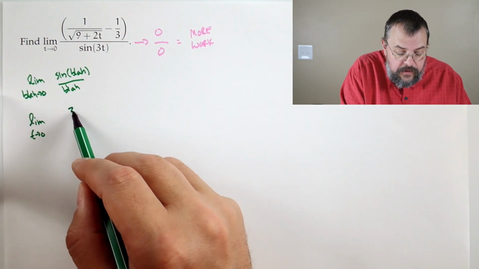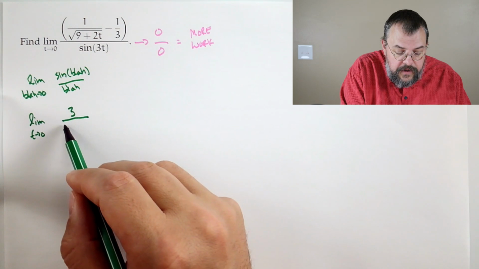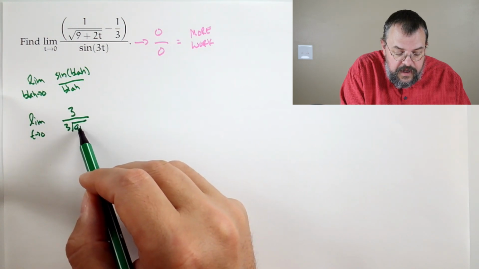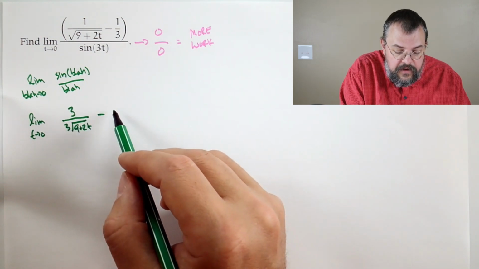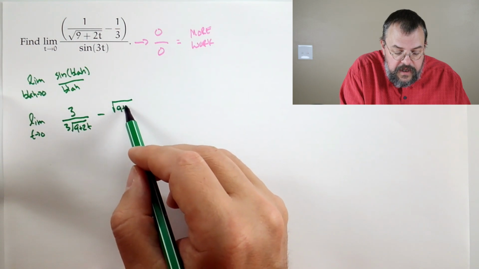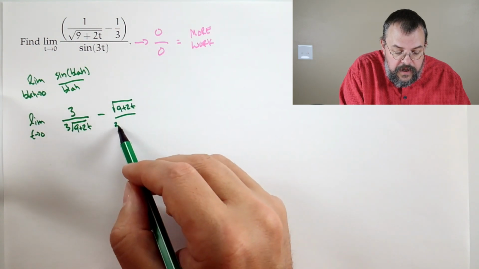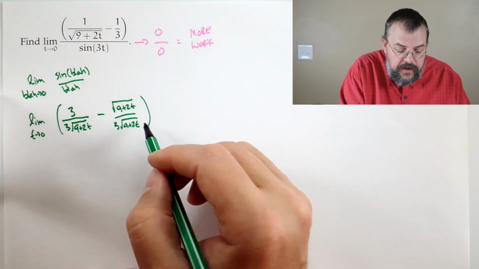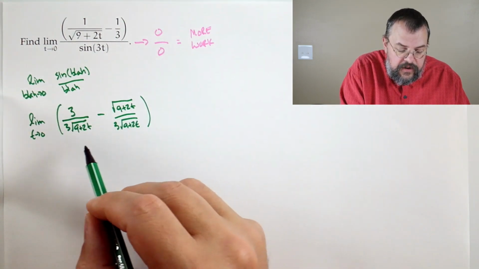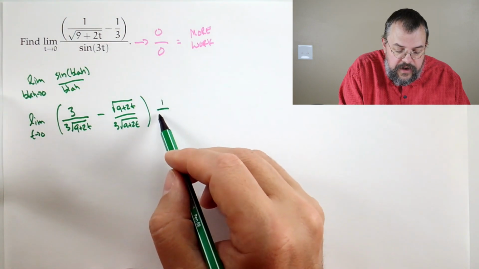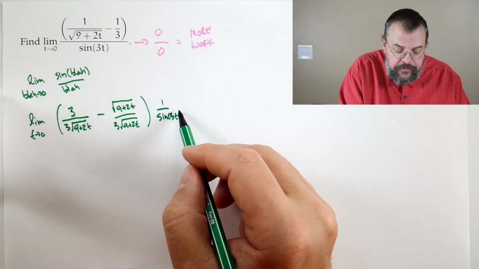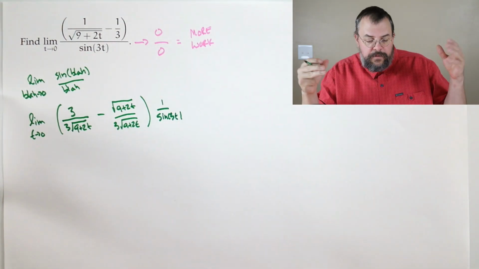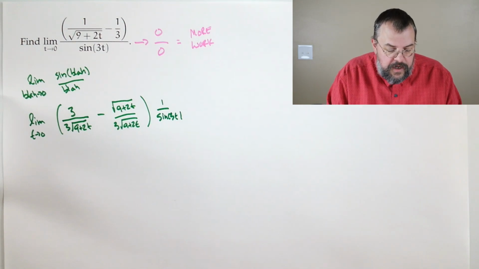So you would get 3 over 3 square root of 9 plus 2t, minus square root of 9 plus 2t over 3 square root of 9 plus 2t. So we get a common denominator. Then I have that sine of 3t downstairs. For right now, I'll just write it as 1 over sine of 3t, because fractions within fractions look a bit messy sometimes.